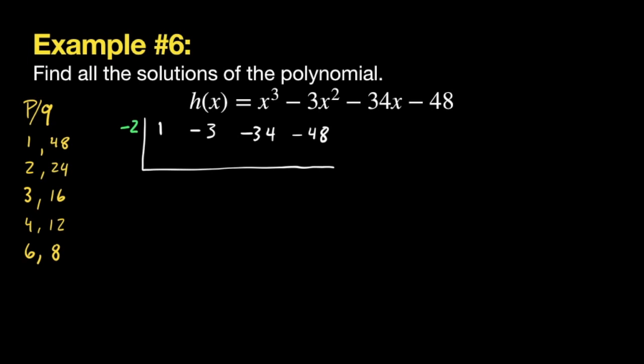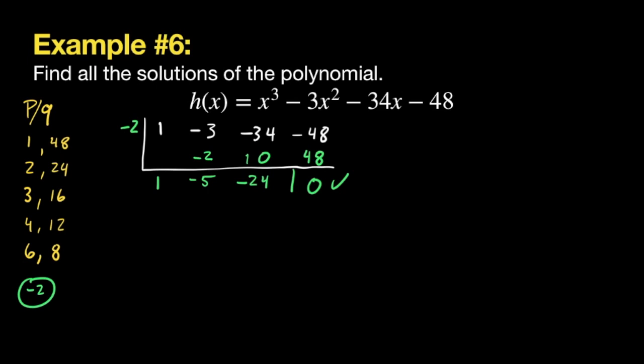So we have 1 times negative 2 gives us negative 2, negative 5, and that's going to be positive 10, and that's going to give us negative 24, and we're going to get positive 48. So our remainder was 0, negative 2 works, so we have negative 2.